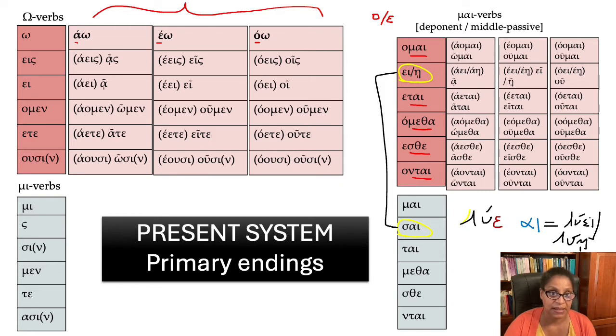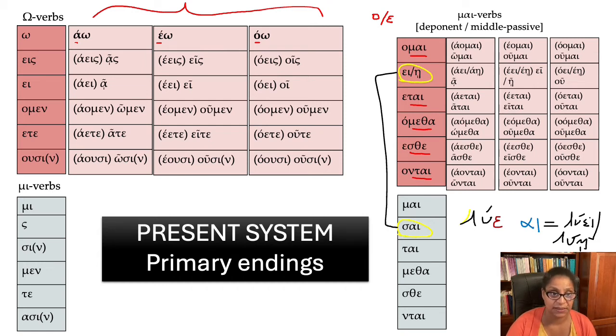Okay, and that ultimately the endings are the same, right? Certainly in the middle they are. It's mai, this should be psi, but it's an omega verb, so it's a. Tai, methas, sthe, ntai. And with omega verbs, you attach the omicron epsilon.